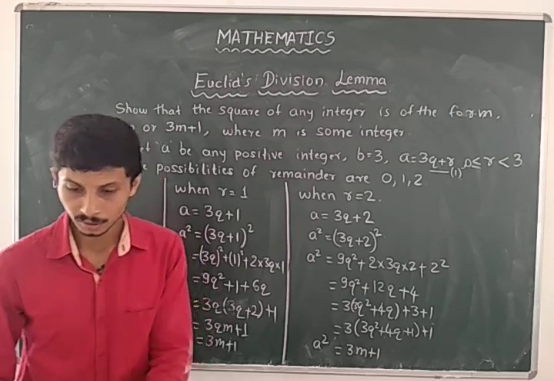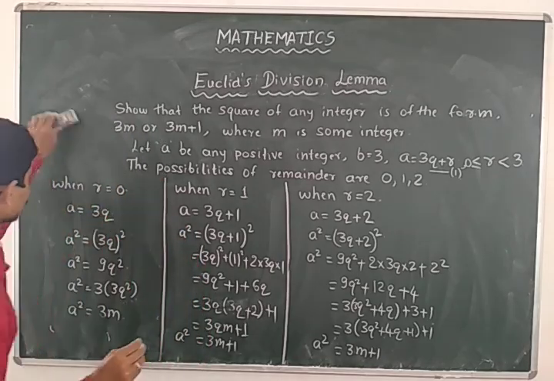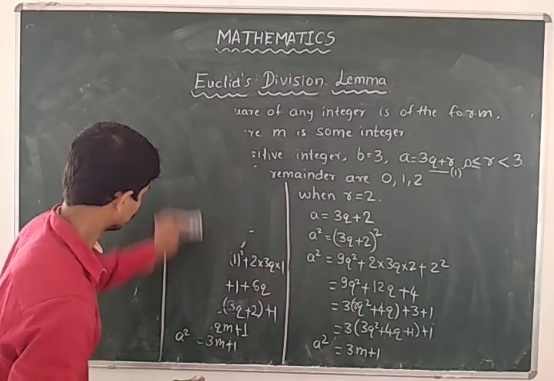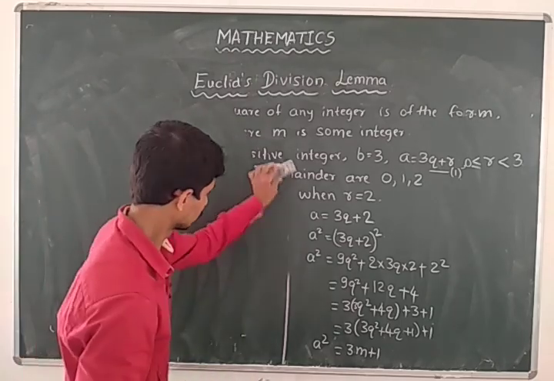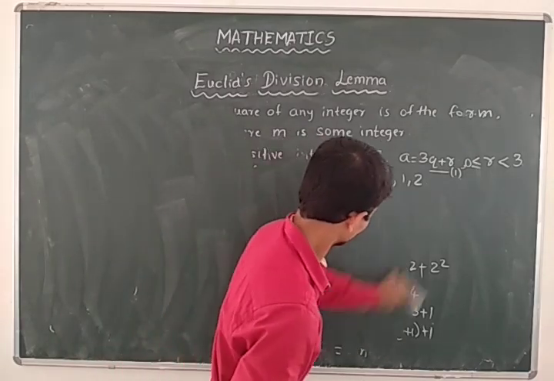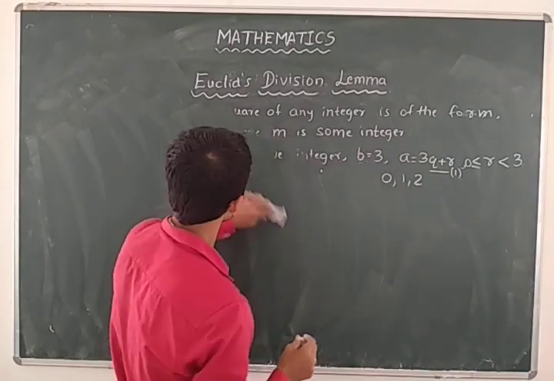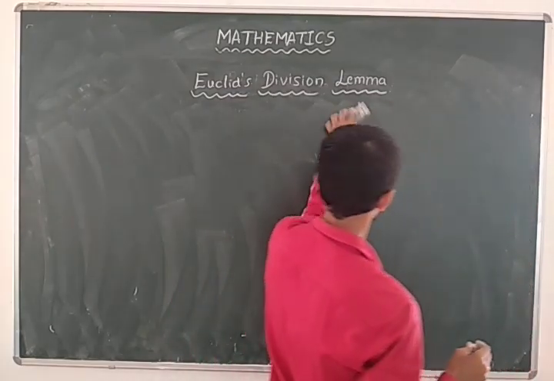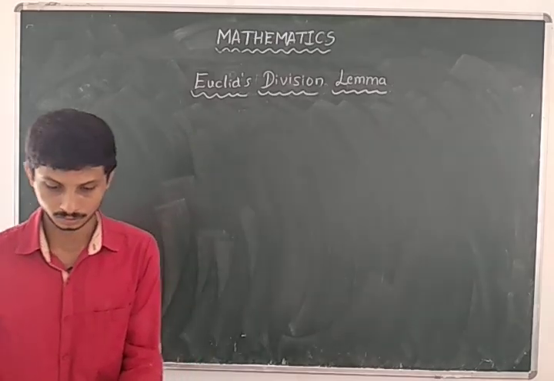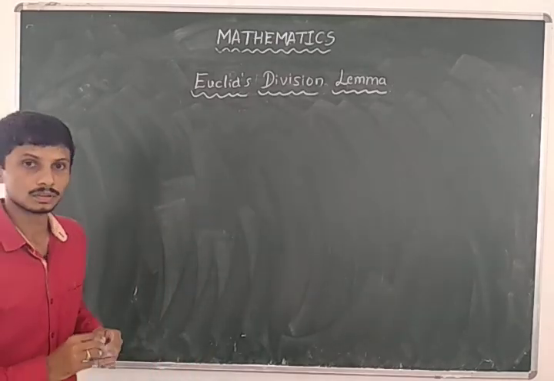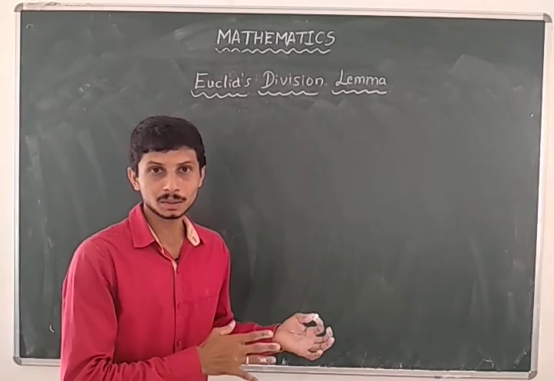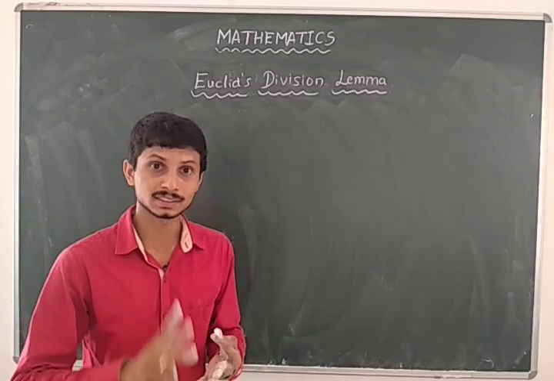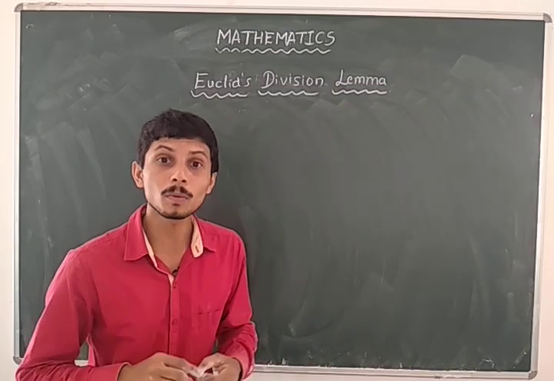So let us check by taking another example. Yes, so we learned about even integer, odd integer and square of an integer. So let us check by taking cube of an integer.